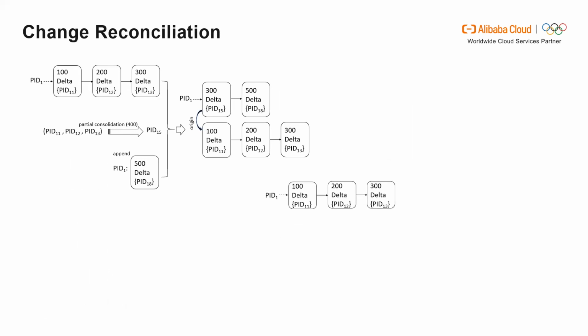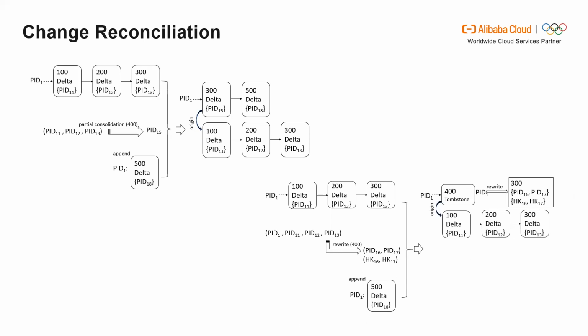As another example, we have this same delta chain. One transaction merges PID 11, 12, and 13 with the base page PID 1, and results in two pages, PID 16 and 17. The other transaction does append PID 18. So we have a page rewrite as usual, but this new append PID 18 needs to be redistributed to PID 16 and 17 because PID 18 targeted PID 1, which has been rewritten into two pages, PID 16 and 17.